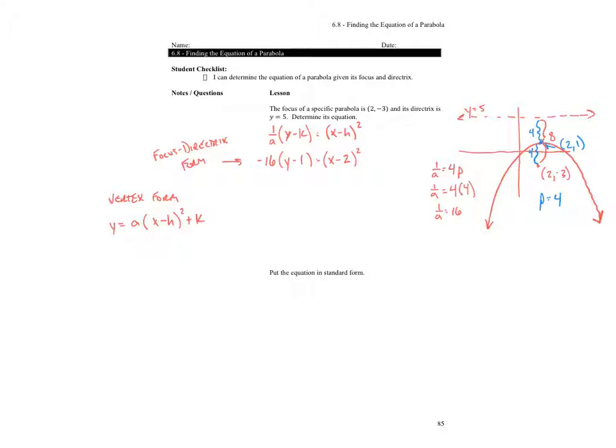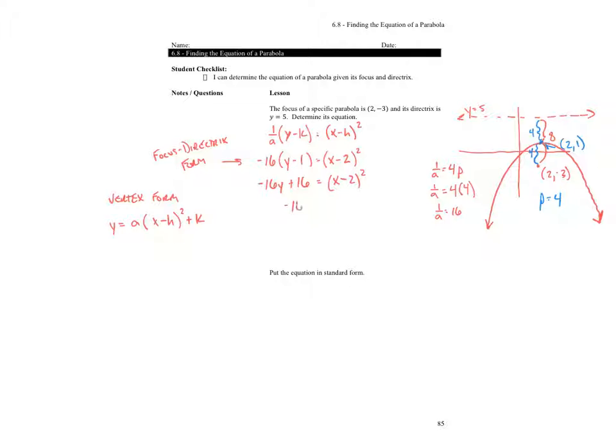So in order to get this into that form, I would maybe distribute this -16y, x minus 2 squared. And I know you might be tempted to unpack this, but don't, because in vertex form, it's all still packaged together. So don't unfold that x minus 2 squared and make more work for yourself.